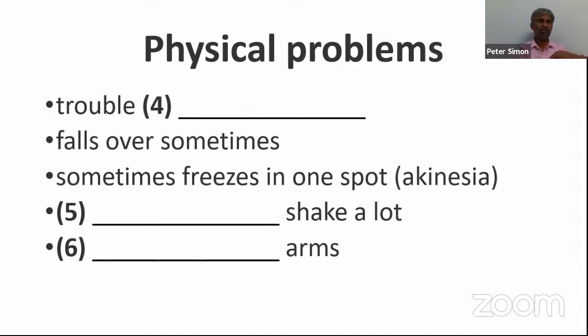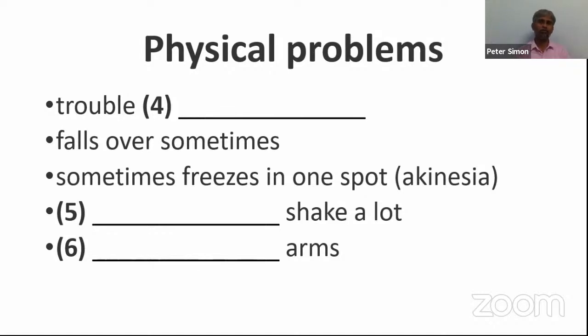He gets stuck in that place and he doesn't know what to do. He just suddenly freezes. If the children play freeze, automatically they'll stop like that. So he freezes in one spot, no movement, just gets stuck like that. And he's not in control. The name of the problem he has given, akinesia.